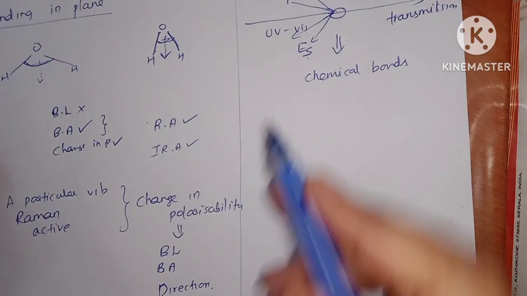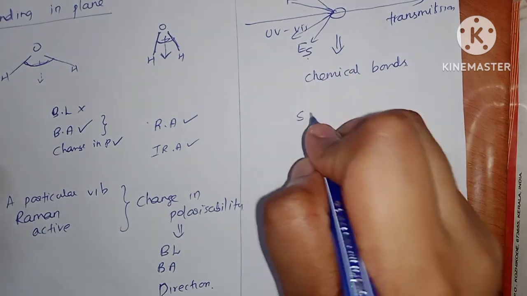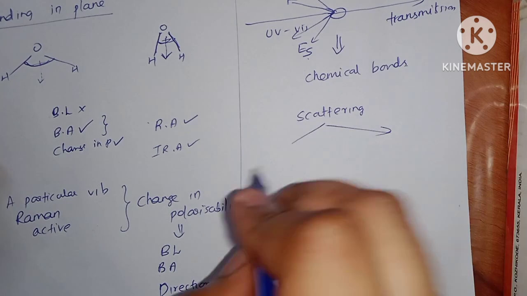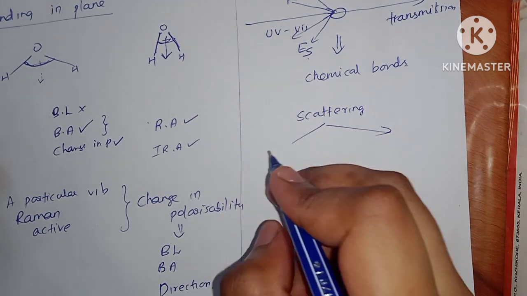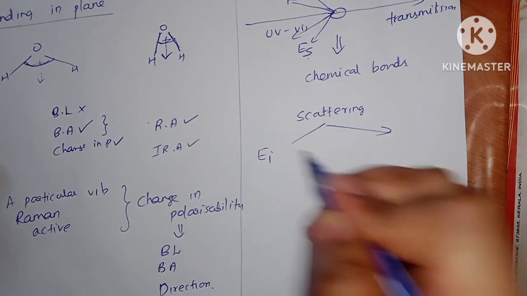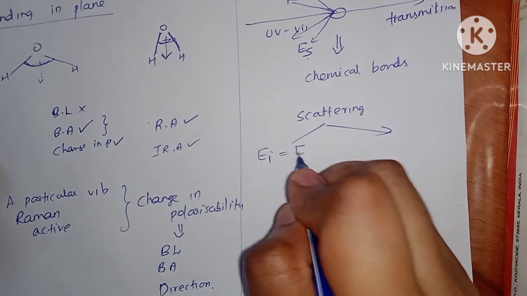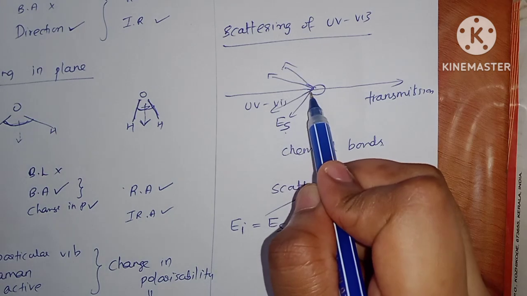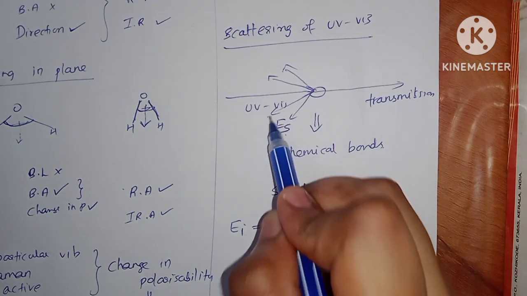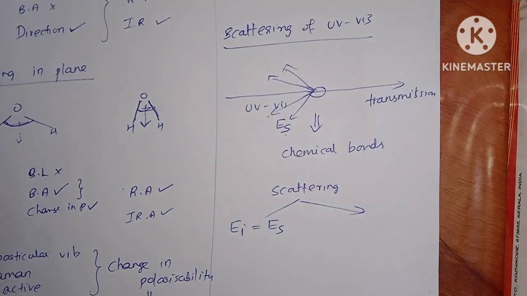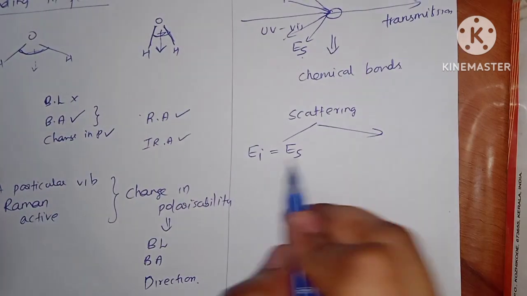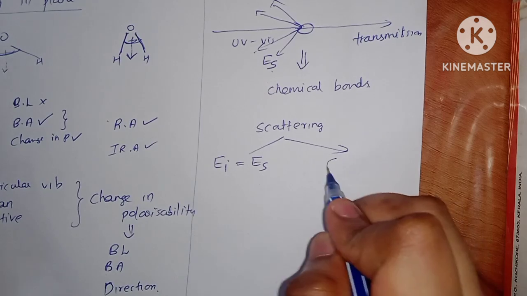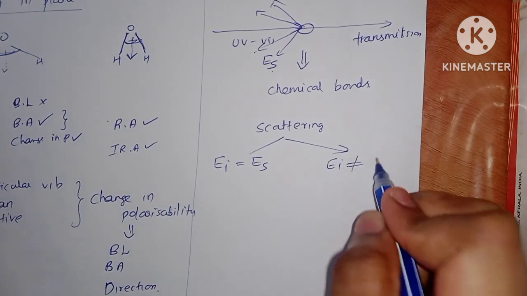But for scattering, there are two possibilities. Scattering can take place without a change in energy. That means the energy of incident radiation is the same as the energy of scattered radiation. If some radiation comes with a particular energy and scatters with that same energy, there is no net loss or net addition. And the other possibility is that they are different, not equal.